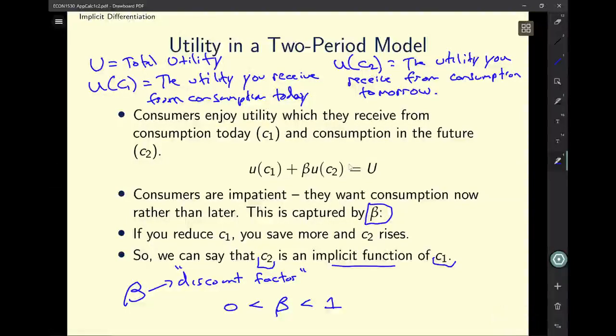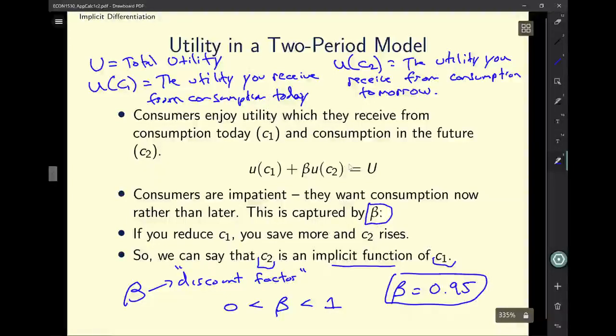So it's going to be some sort of fraction, but it could be an irrational number as well, but it's going to be greater than 0 and less than 1. Typically, a common beta value would be something like 0.95. That would be a normal number to sub into this expression if we wanted to work with numbers.